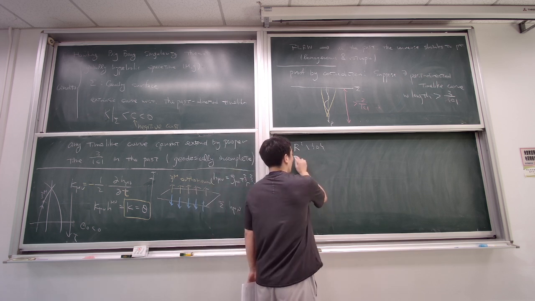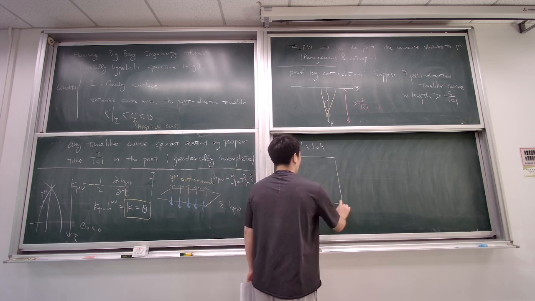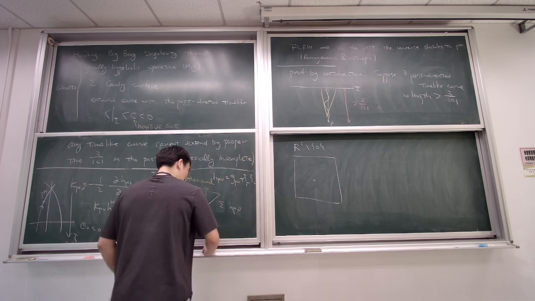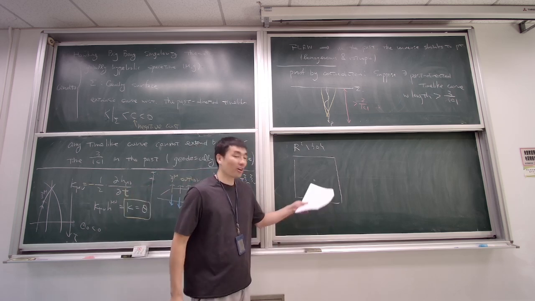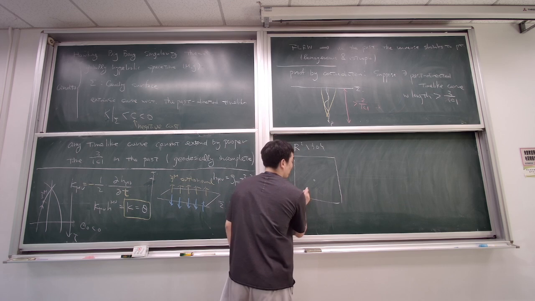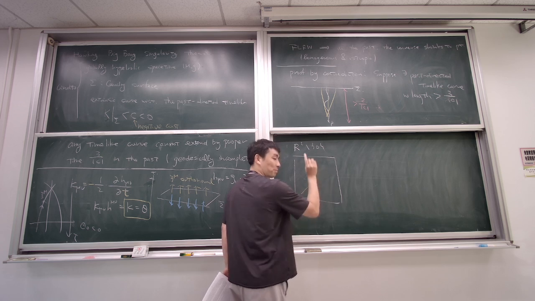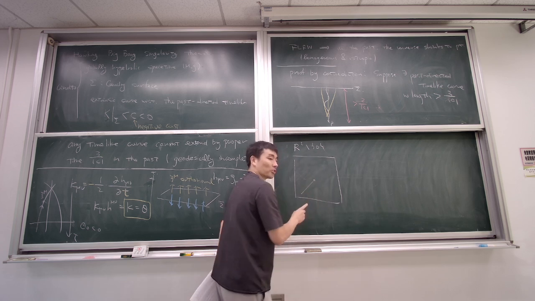If you take the plane and get rid of the origin, then a geodesic like this cannot extend through the origin, right?